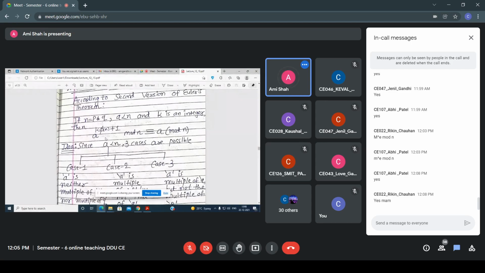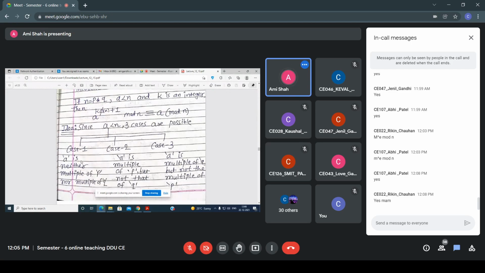Now see here, in this case there are three cases. All of you know that n is a combination of p into q, and if a is less than n, then there are three cases. Either a is neither a multiple of p nor a multiple of q.